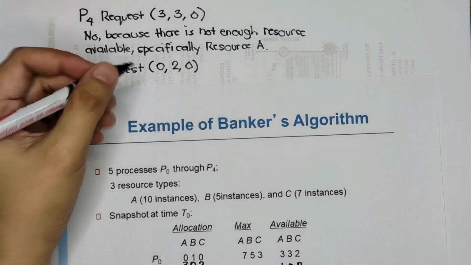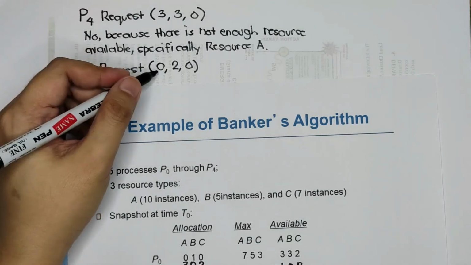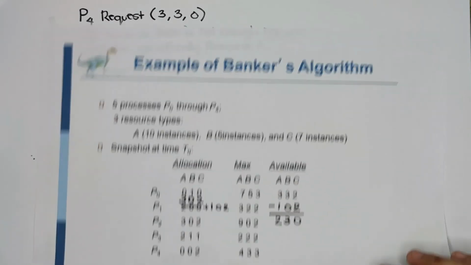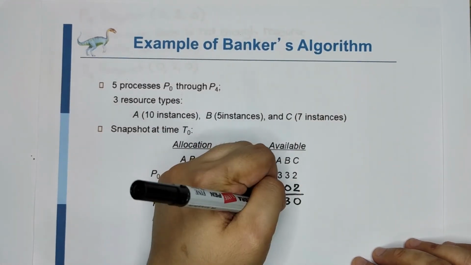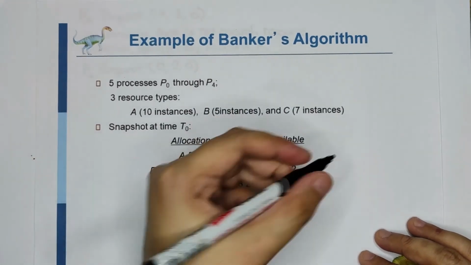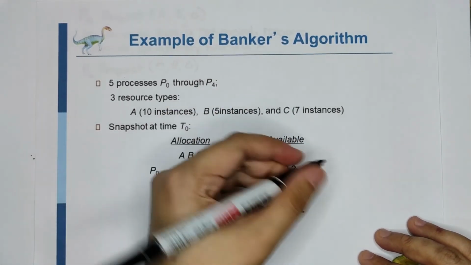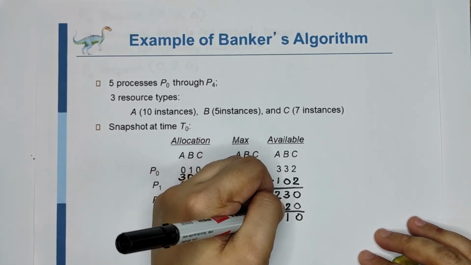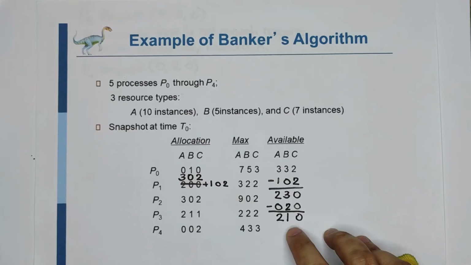You have to subtract the requested resource values from the available. So let's do that. 2 minus 0 is 2, 3 minus 2 is 1, and 0 minus 0 is 0. So we have 2, 1, 0. So this is our new value for available.